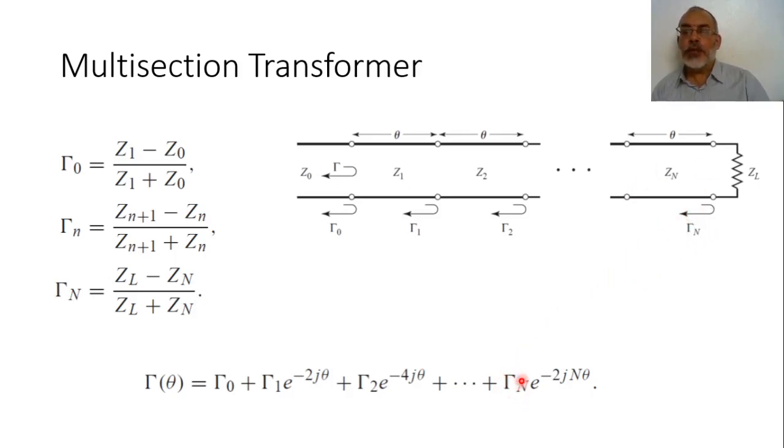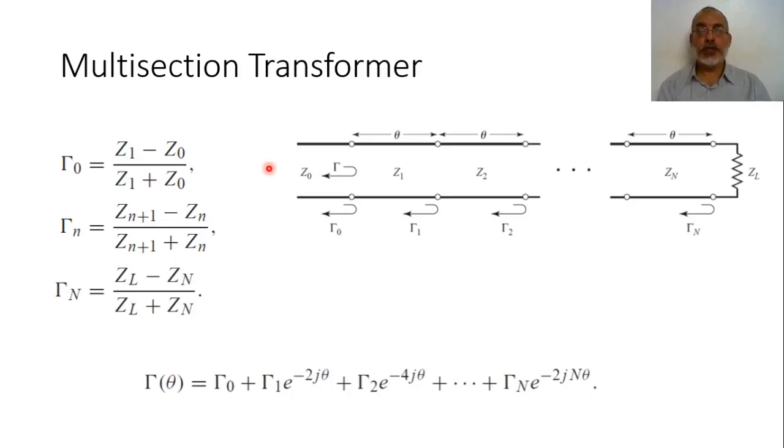We are going to say plus gamma n e to the power minus 2j n theta. So this is the summation of the reflection coefficients with the corresponding phase shift delays. The summation of these reflection coefficients with their phase shifts is actually the total reflection coefficient at the feeding transmission line section. Alright?